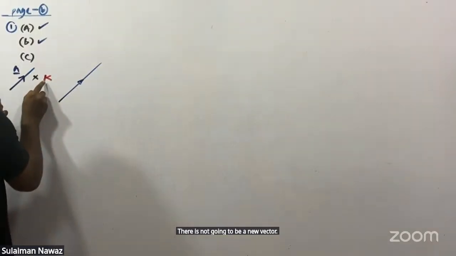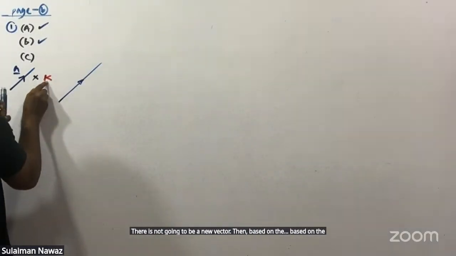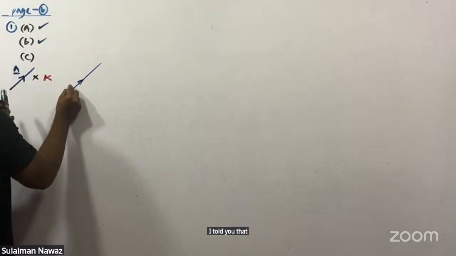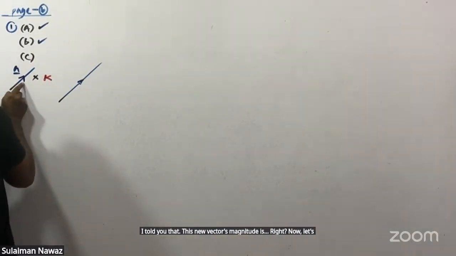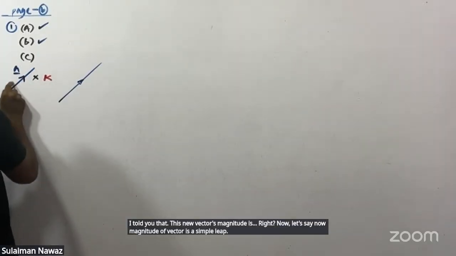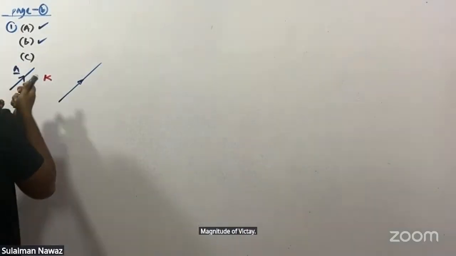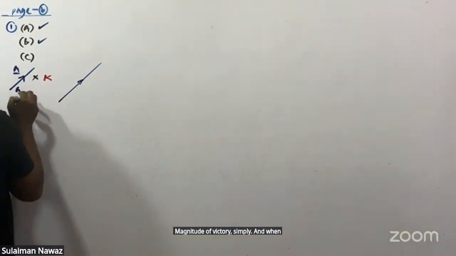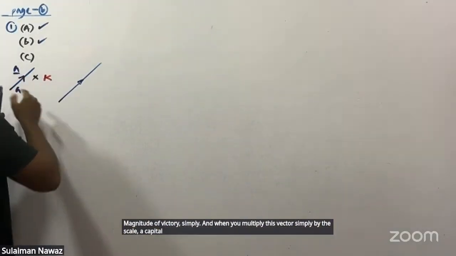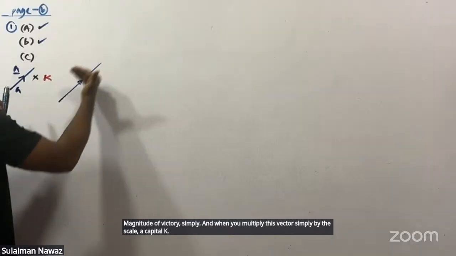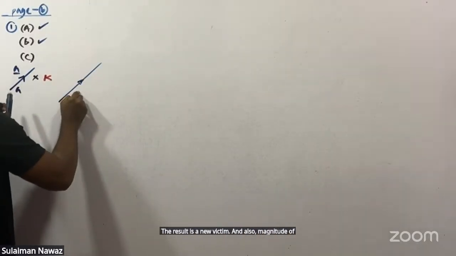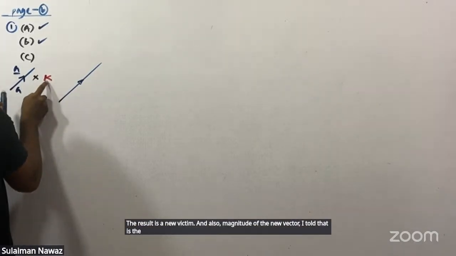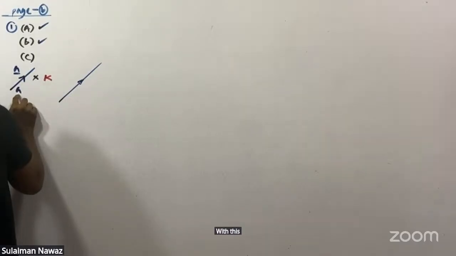Then based on the value of K, this new vector's magnitude changes. Let's say the magnitude of vector is simply A. When you multiply this vector A by the scalar K, the result is a new vector. Also the magnitude of the new vector is the multiplication of this scalar with the magnitude of the previous vector.